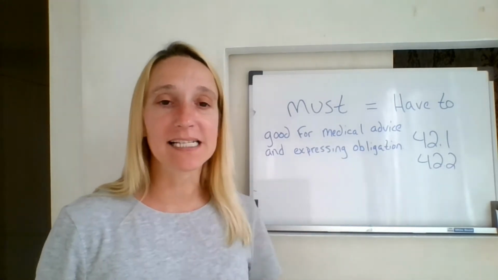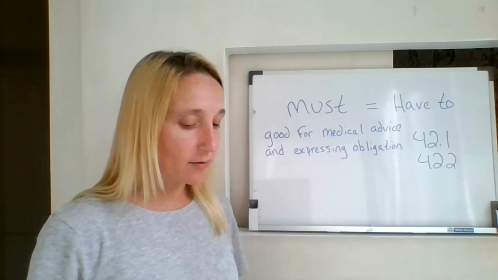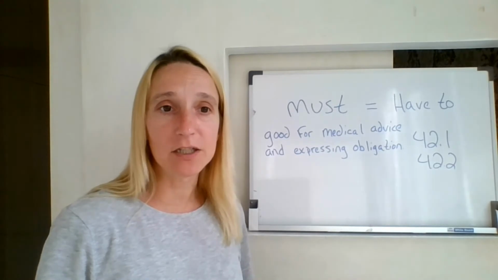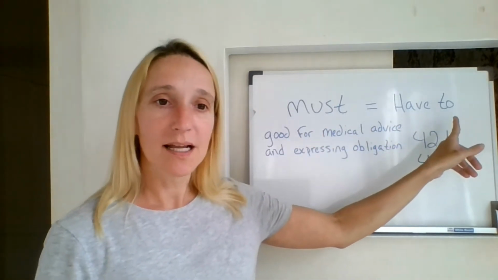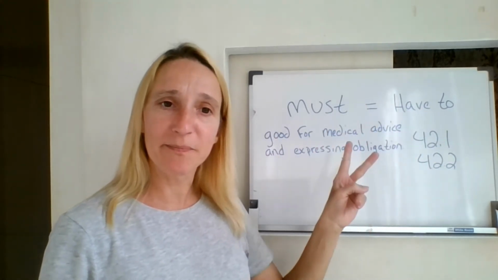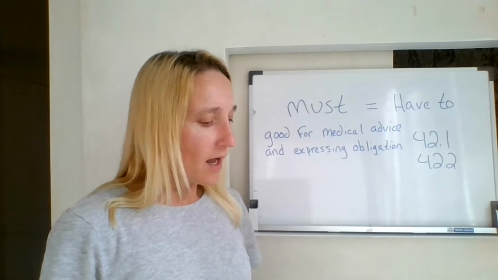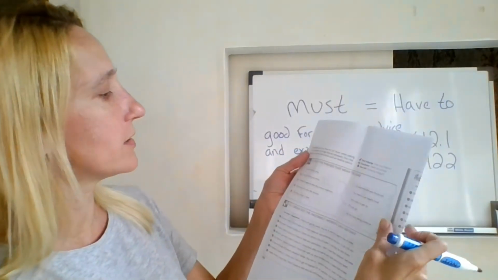You emphasize the did on the past tense. Well, now we're going to talk about must and have to. The word must and the word have to can sometimes be used equally. It's the same.